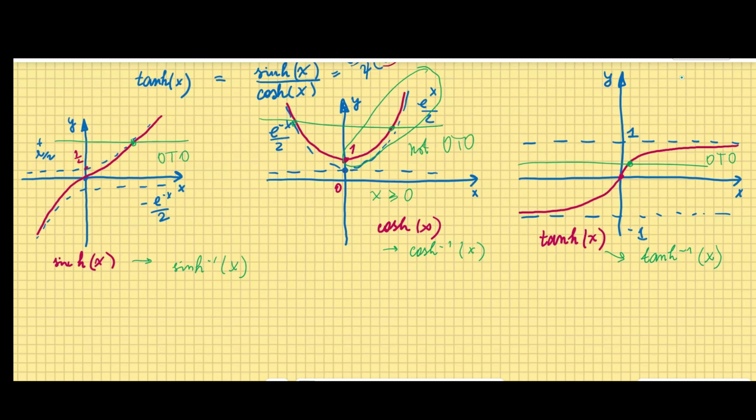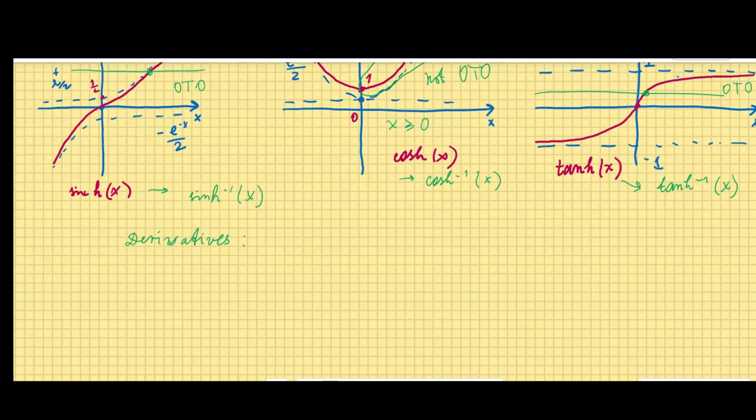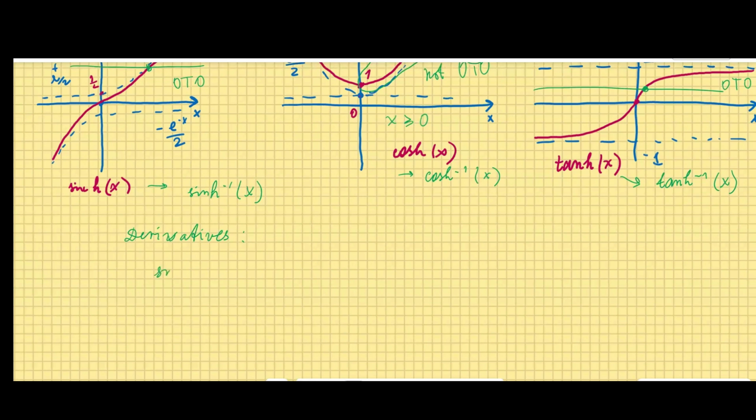So I'm going to differentiate sine. And how am I going to differentiate it? Well, I'm just going to use the definition and differentiate. Derivatives. So I know that sine hyperbolic of x is e to the power of x minus e to the power of negative x over 2.